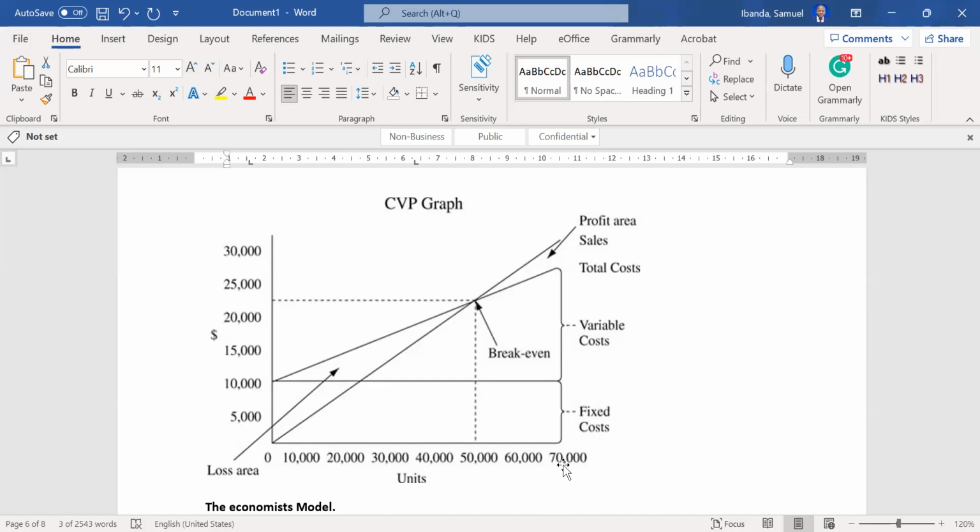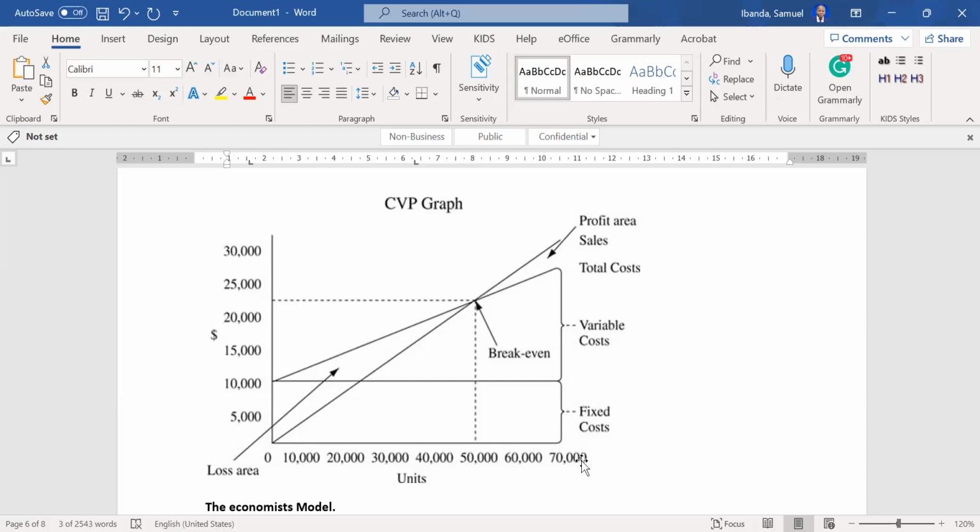It means, if our break-even point is 50,000 and we are at 70,000, our margin of safety is 20,000 units. If we ever fall from 70,000 by 20,000 units, we are making losses. So 20,000 is our margin of safety in terms of units. Are we together?